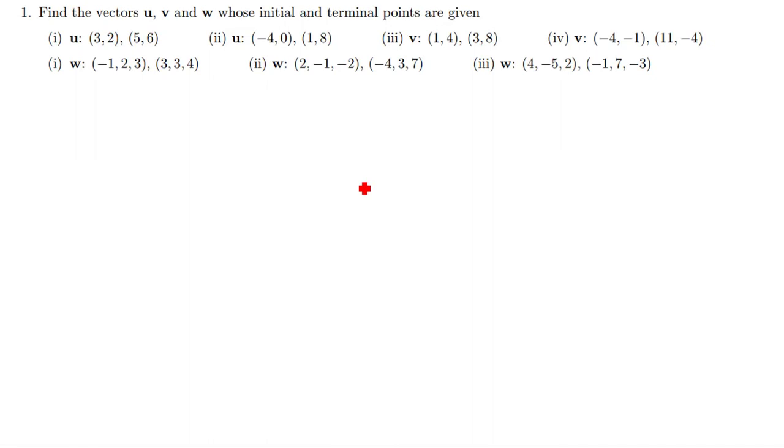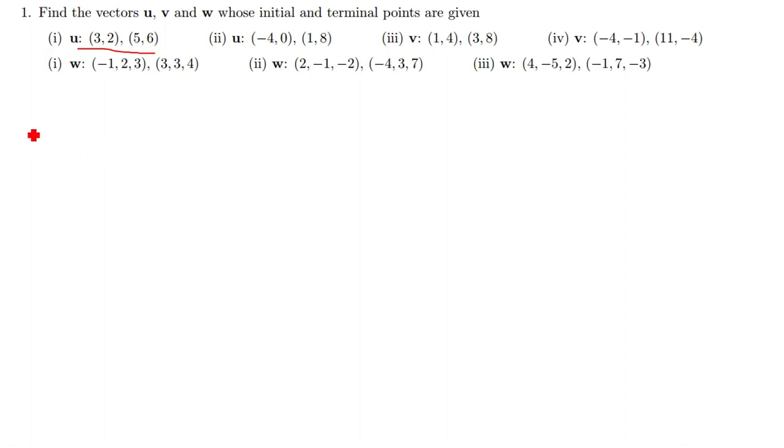Okay, so let's look at this example, which says find the vectors u, v and w whose initial and terminal points are given. Like I said, what you've been given here are just points, so you now need to find a vector.